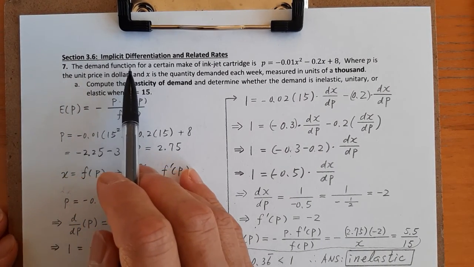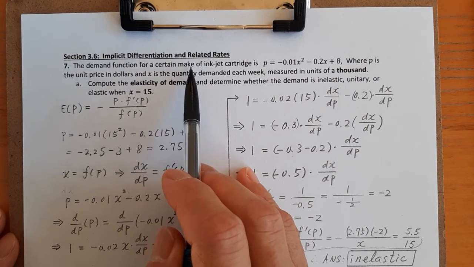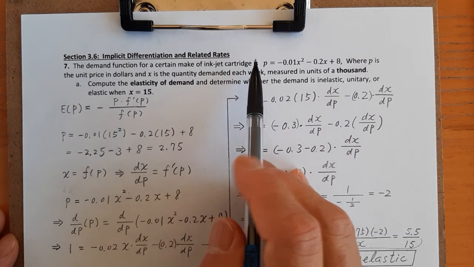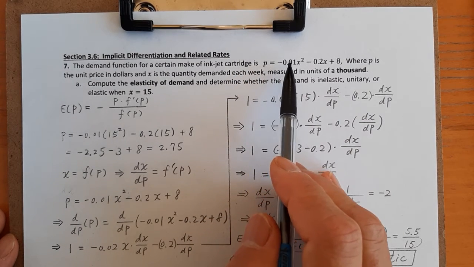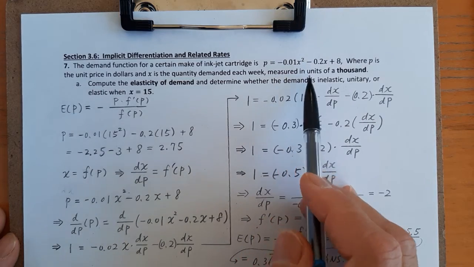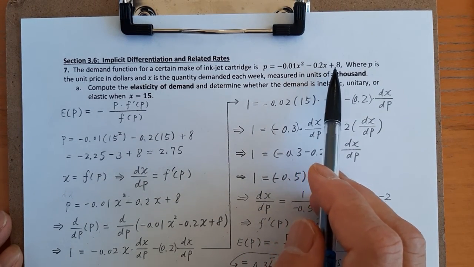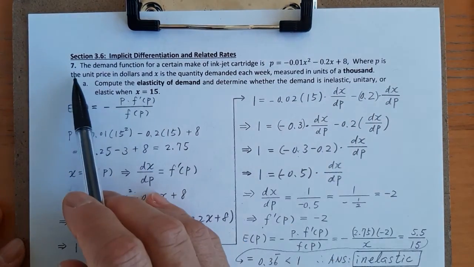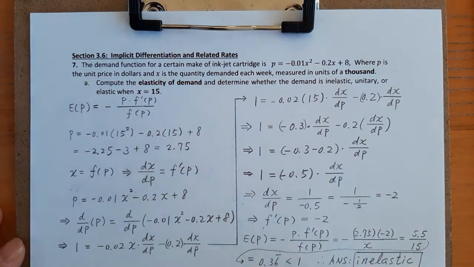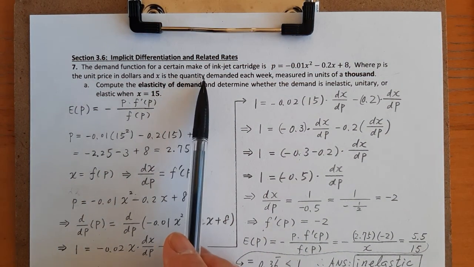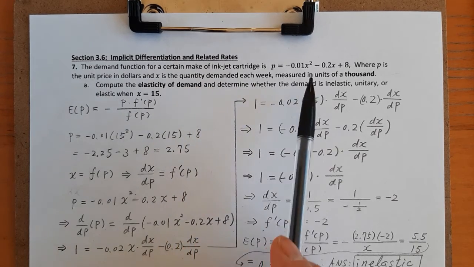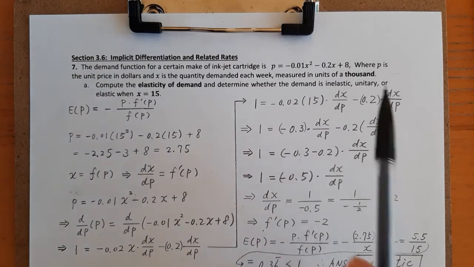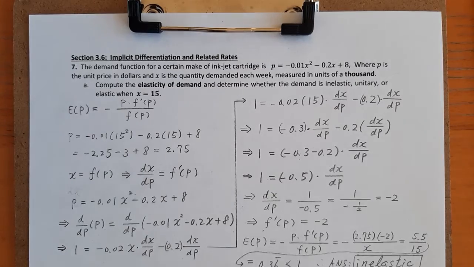The demand function for a certain make of inkjet cartridge is P equals negative 0.01 x squared minus 0.2 x plus 8, where P is the unit price in dollars, and x is the quantity demanded each week, measured in units of thousands. x is x thousand.